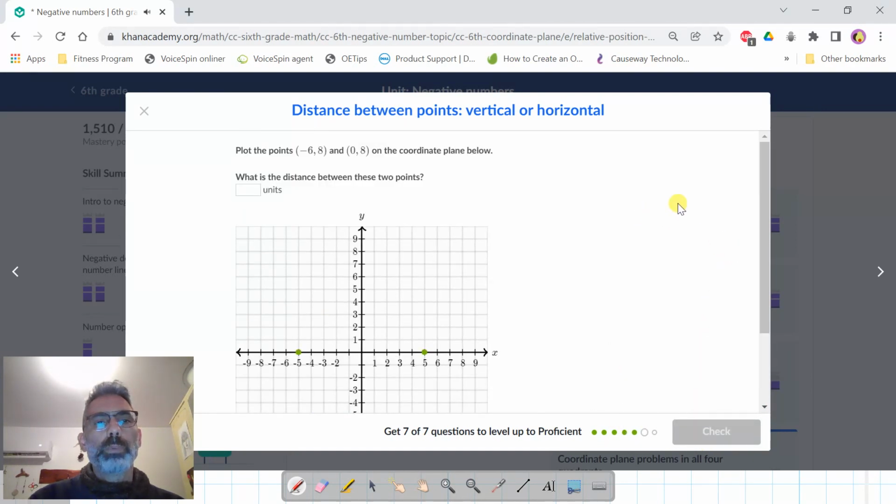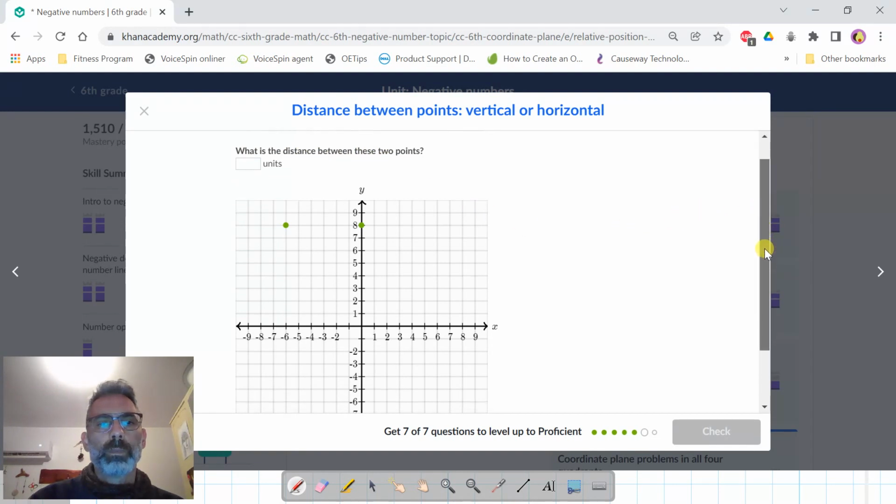Okay, plot the points negative 6 and 8, and 0 and 8. Okay, so this is 0 and 8 on the coordinate plane below. What is the distance between these 2 points?